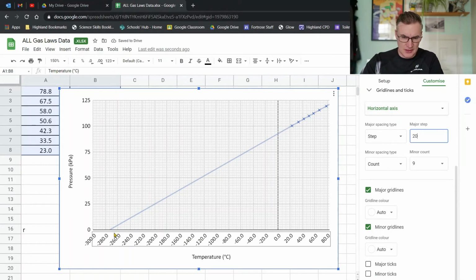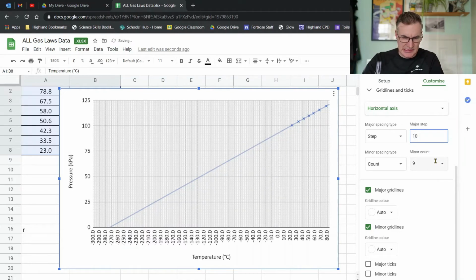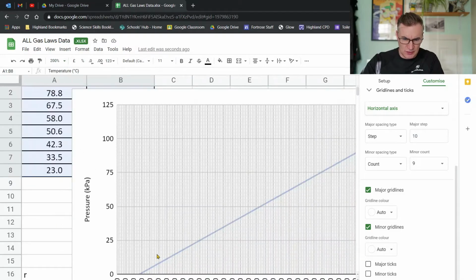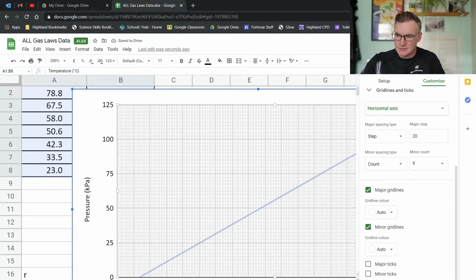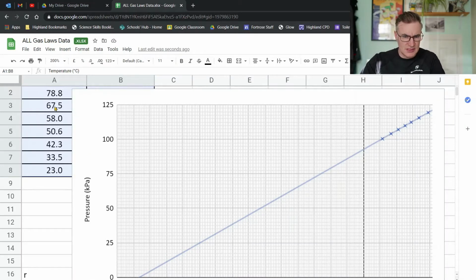Might get a bit busy if I do this. We'll see how that looks if I zoom all the way in. Yeah, we're not going to get that at all. Okay, hopefully this will allow us to see something.